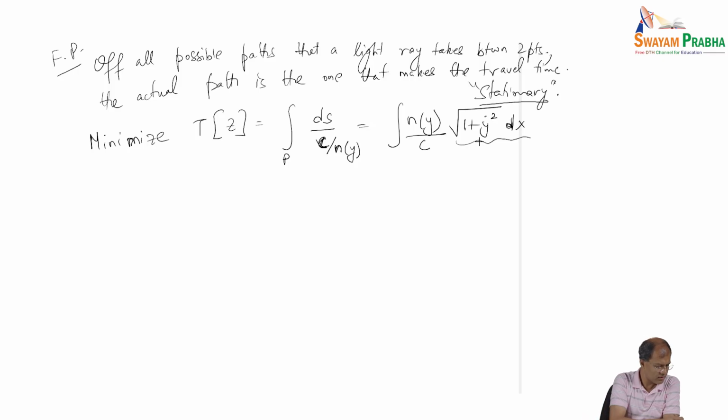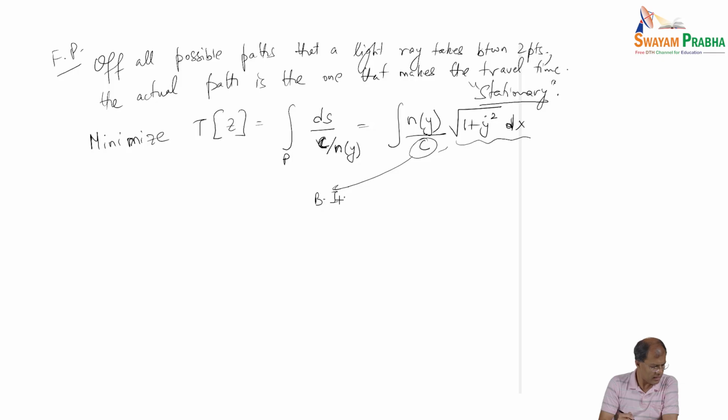So from here we can write down that again c is a constant, a universal constant. Now we see that the integrand of this integral only contains y and y dot, which means that the explicit appearance of x is missing in this integral. So we can use the Beltrami identity here.